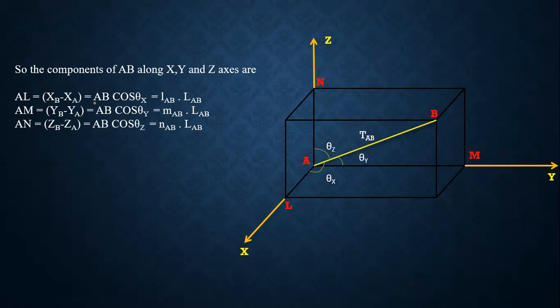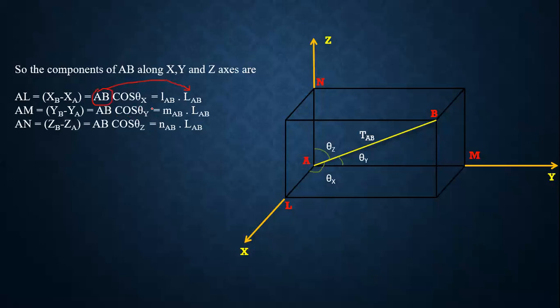So XB minus XA equal to AB cos theta x, where AB is the length of the member and cos theta x is equal to LAB, just like the previous equation. Same as AM equal to YB minus YA equal to AB cos theta y.